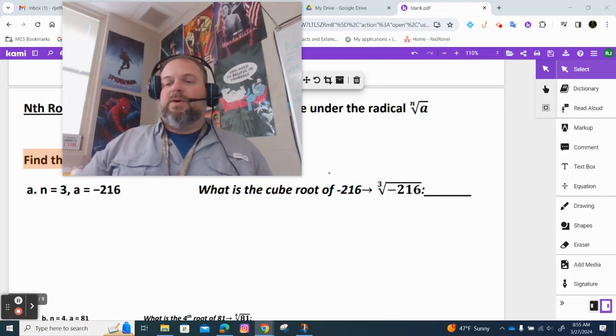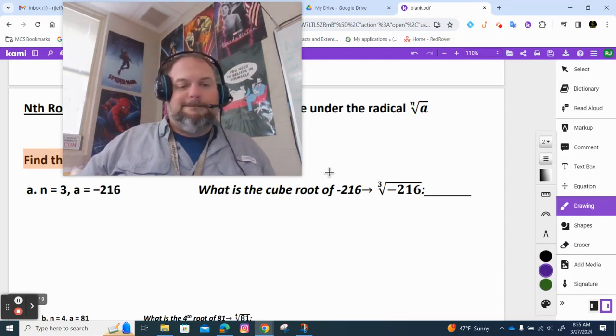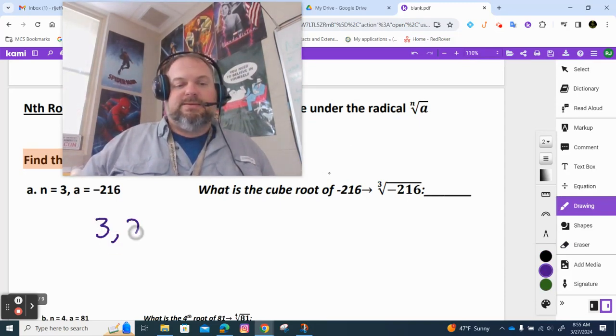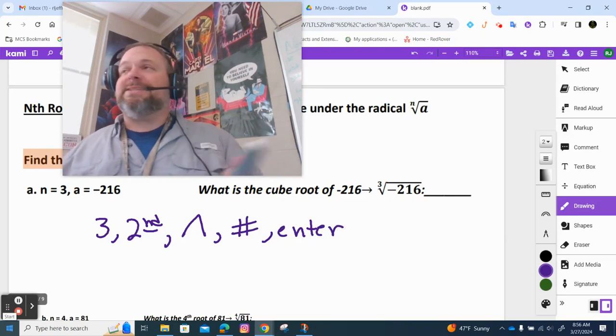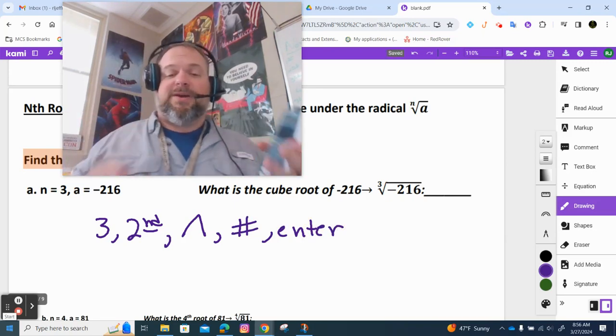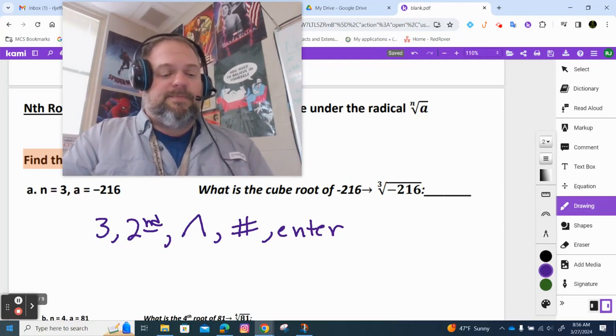All right. So who remembers the cheat codes for this? Yeah. 3 second, the raise the roof for the caret button, and that's for these calculators, and then enter.